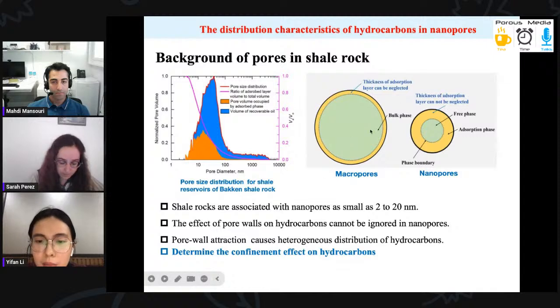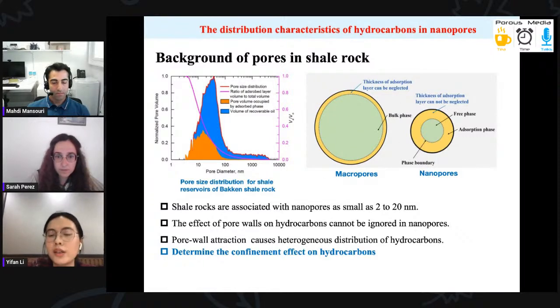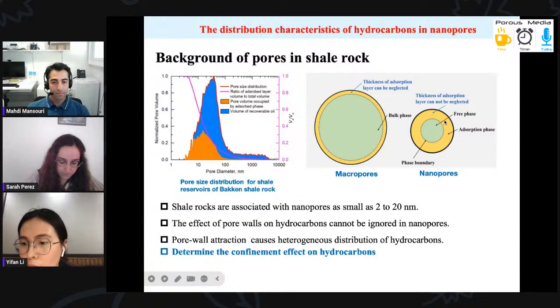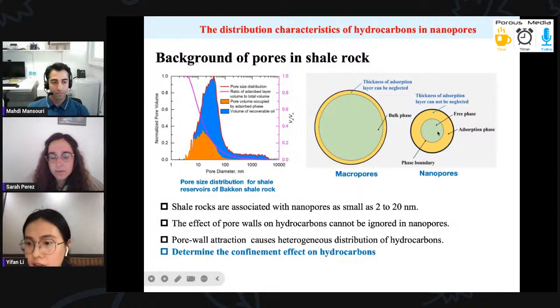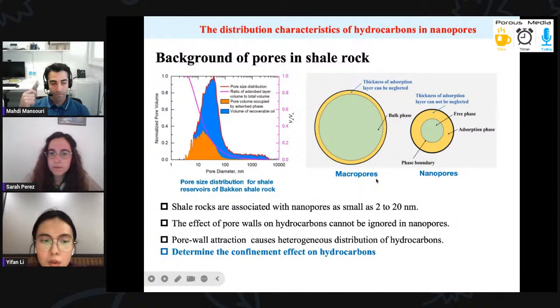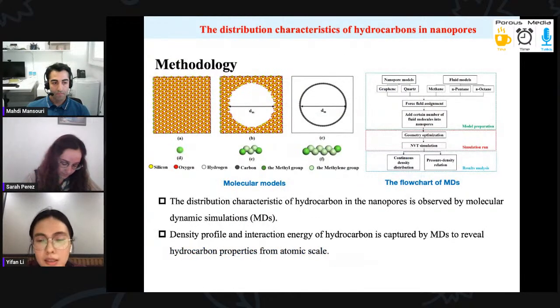Compared to the macro pore, we see this nanopore. Within this nanopore, the hydrocarbon has a size comparable to the interaction range between the pore walls and the hydrocarbon. That means the pore wall attraction can cause heterogeneous distributions of hydrocarbon because of the pretty thick adsorption layer. So we have to determine the confinement effects on the hydrocarbon. Let's move to the next slide.